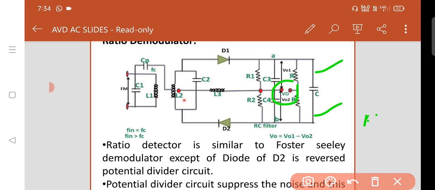The sum of these two voltages we consider as VR. So VR equals V01 plus V02.